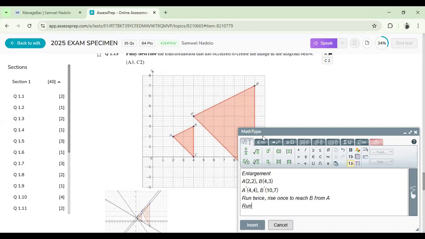So we run 6 times. And then how many times do we rise from A to B? 1, 2, 3. So we rise thrice, or 3 times, to reach B prime from A prime.